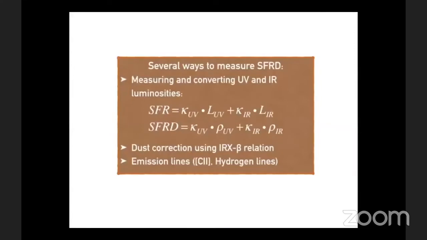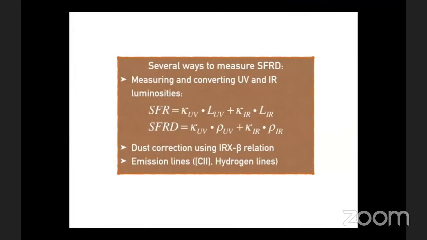To measure star formation rate, we need to measure the light from the young and short-lived massive stars. We can measure it from the UV light, but since some part of this light is reprocessed by dust, we also need to measure the dust-obscured part, which manifests itself in the infrared.